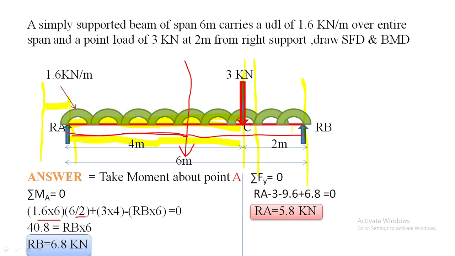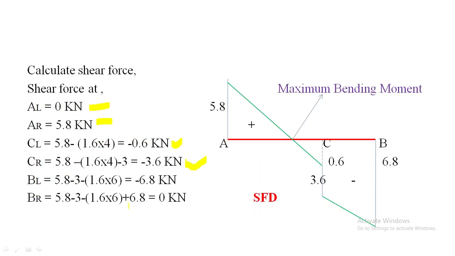Now this time the UDL is looking from A to B, not A to C. So consider the UDL distance as 6 meter now. So RA, which is going in upward direction, is plus 5.8. C is going in downward direction, so minus 3. And the UDL is minus 1.6 into 6. It is minus 6.8, and last, B of right is equal to 0. In simplicity, for the first and last, the force value is always 0. This is about the values of the shear force.